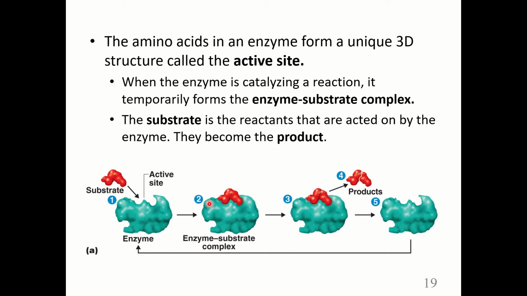And when the enzyme is in the enzyme-substrate complex, the reaction can occur. In this case, a hydrolysis reaction is occurring, where the reactant is broken into smaller molecules. These smaller molecules are the products and are now released from the enzyme. This enzyme is now ready to interact with another substrate.